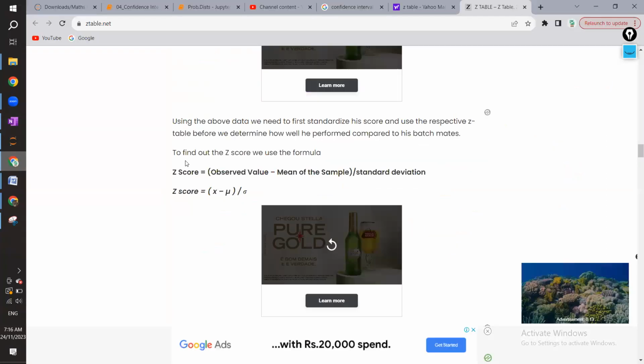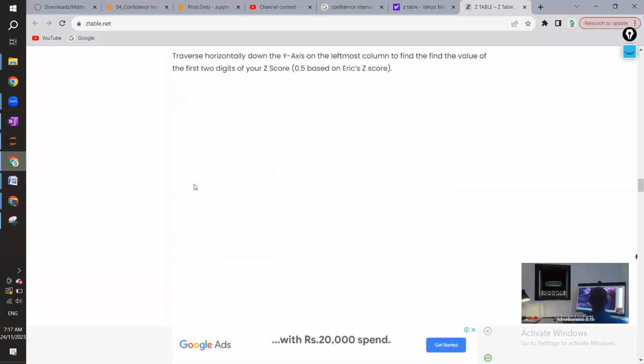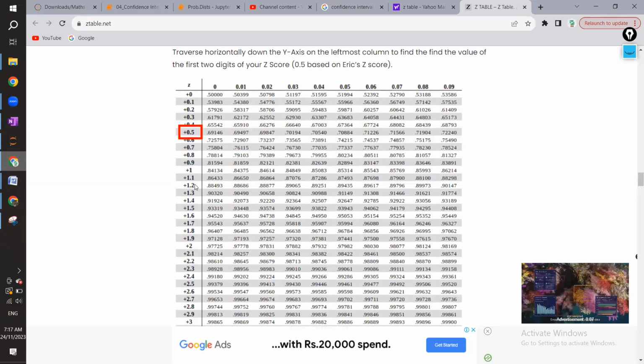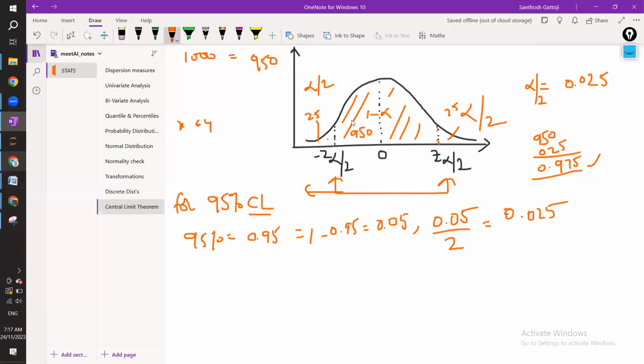Now if you come over here and see, what was the area? 0.975 area. What is the point that is covering 0.975? This point will cover the area less than or equal to that.